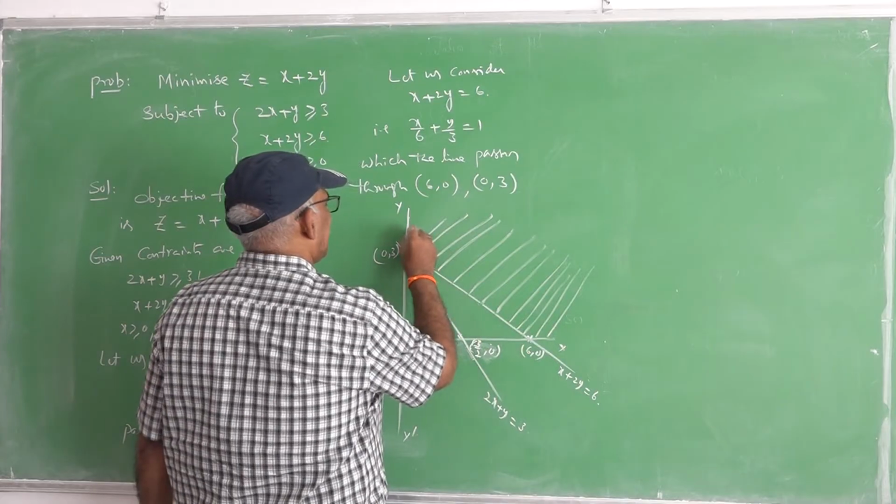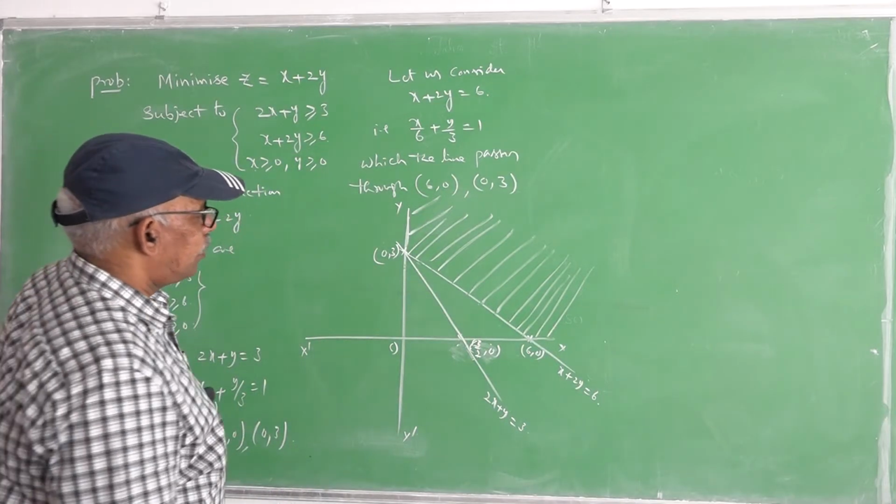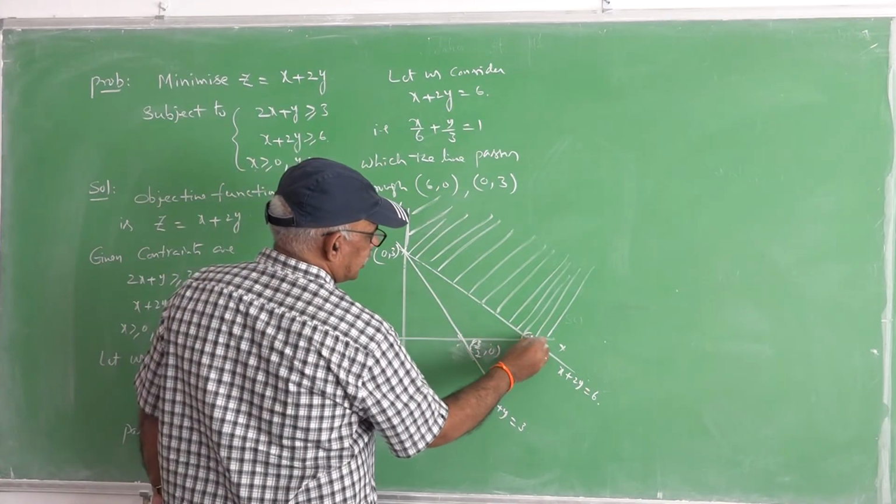This is an unbounded region. Here we have two corners.